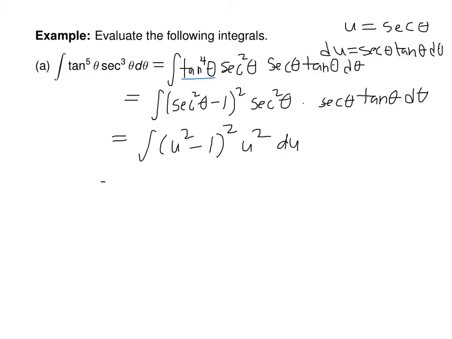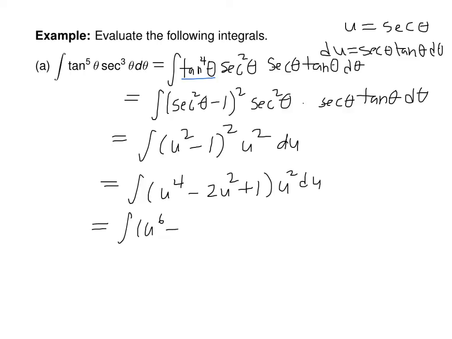And expanding u squared minus 1 squared, we have u to the 4th minus 2u squared plus 1 multiplied by u squared. Distribute that u squared and we get u to the 6th minus 2u to the 4th plus u squared du. And now antidifferentiate. I'm going to plug u back in in the same step.